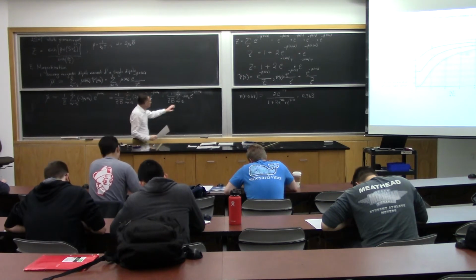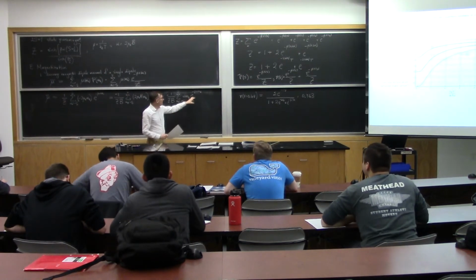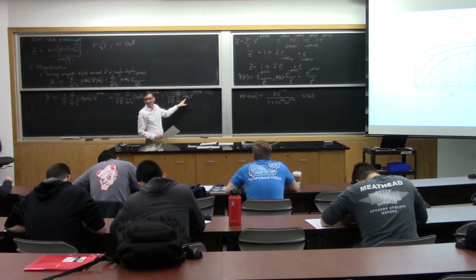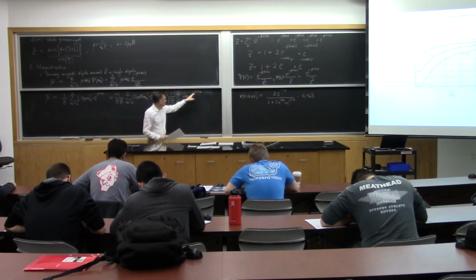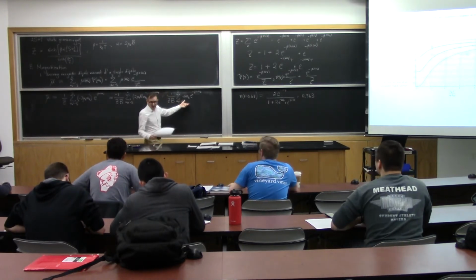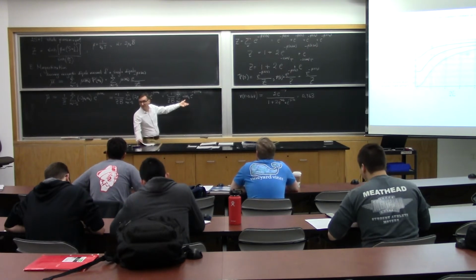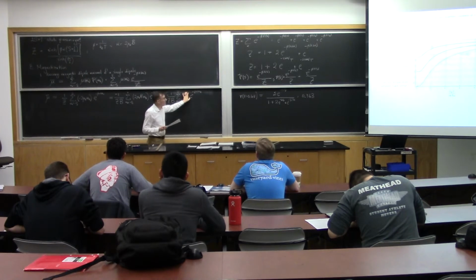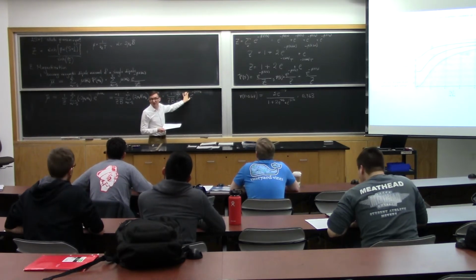I'm trying to get as much similarity in structure between the argument of the Boltzmann factor and the stuff down here. These are almost the same, except for a beta. The reason I wanted it to look that way is because I've got to figure out what this sum is. Without this factor there, remember the sum is just a finite geometric series.